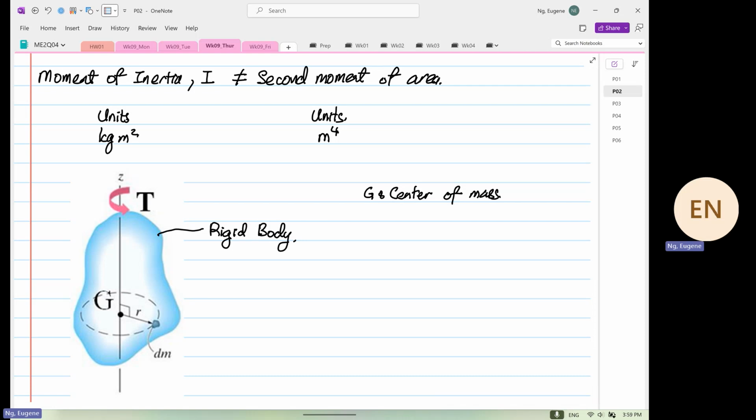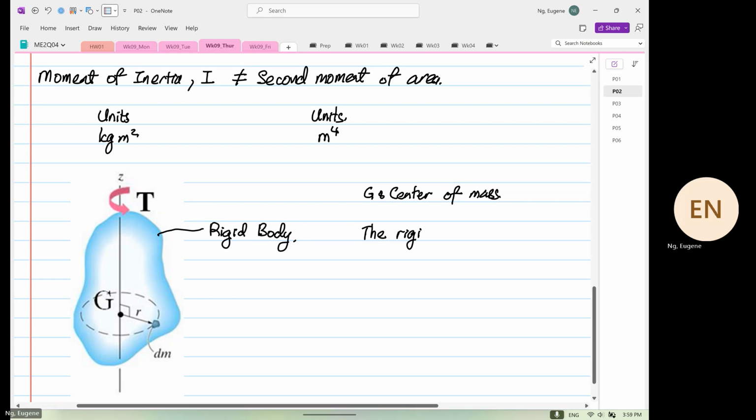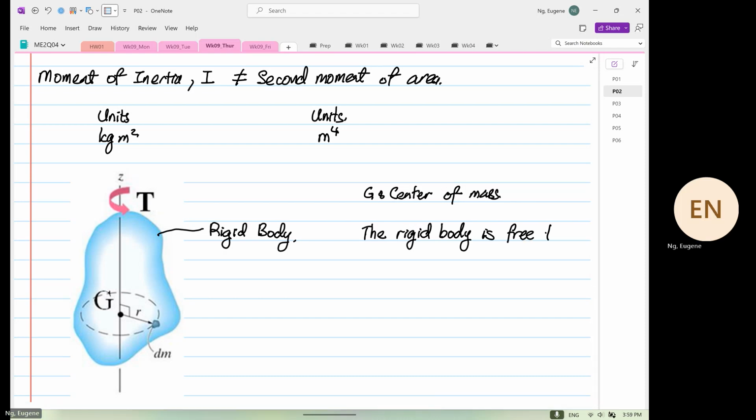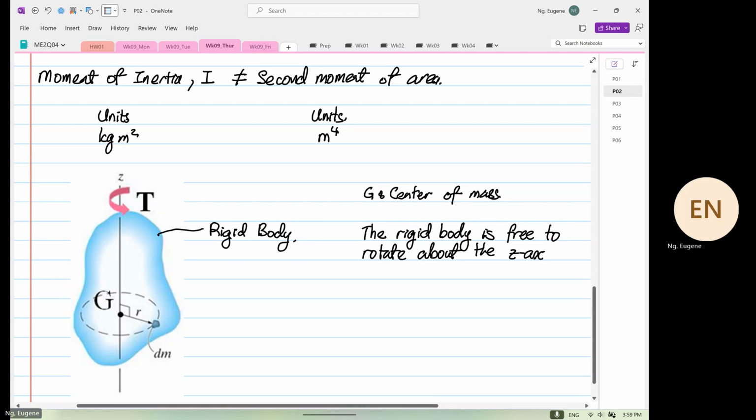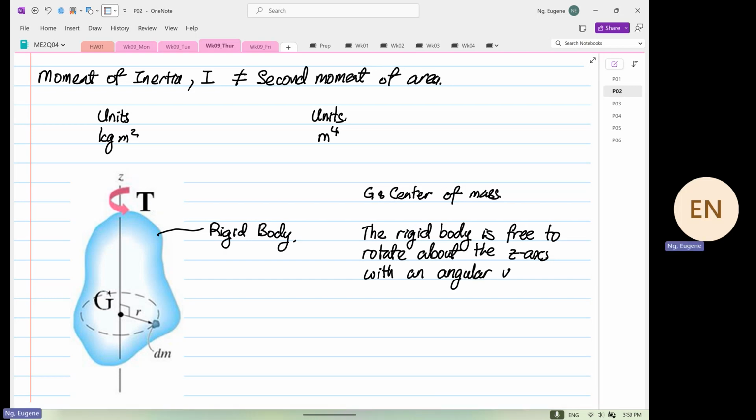The structure is free to rotate about the z-axis with an angular acceleration of alpha.